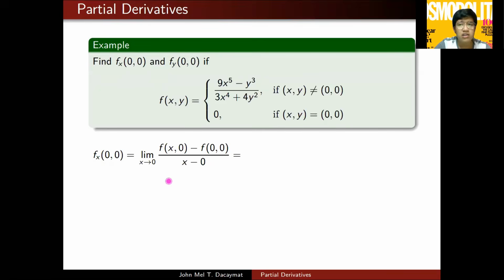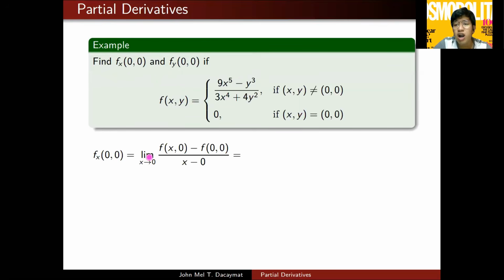Okay. So, pag ginawa ko iyan, etong una, f of x, 0, saan dyan papasok si x, 0? Saan ko ipa-plug in? Well, I'm letting my x approach 0. Again, tandaan pag kumukuha tayo ng limit, no? We let the variable get closer and closer to this number.